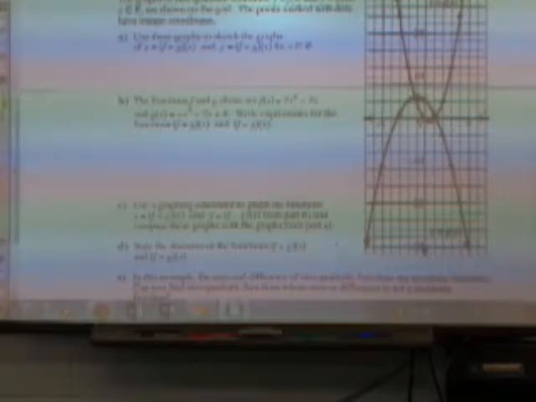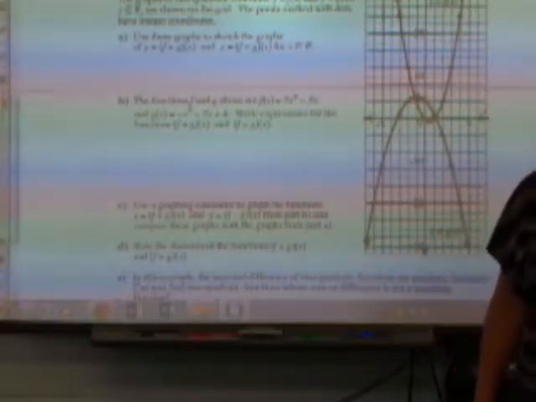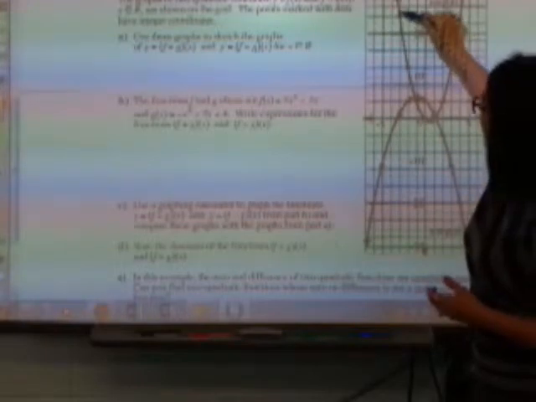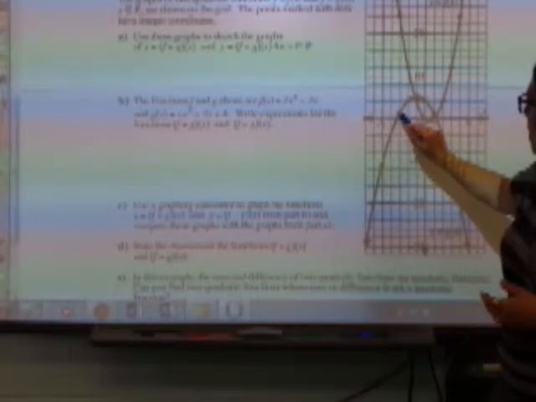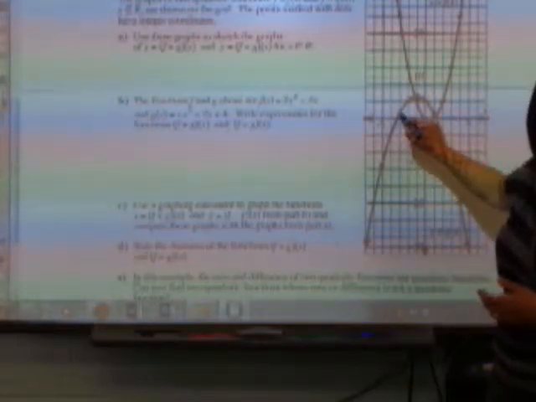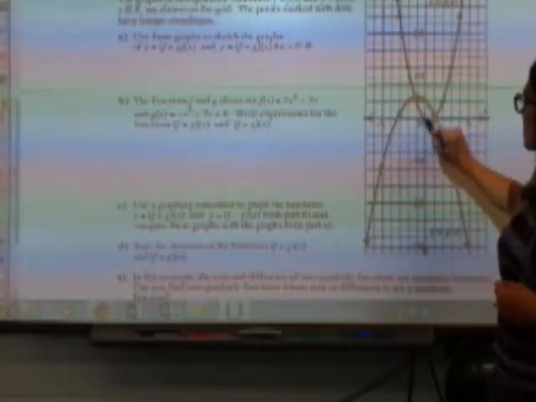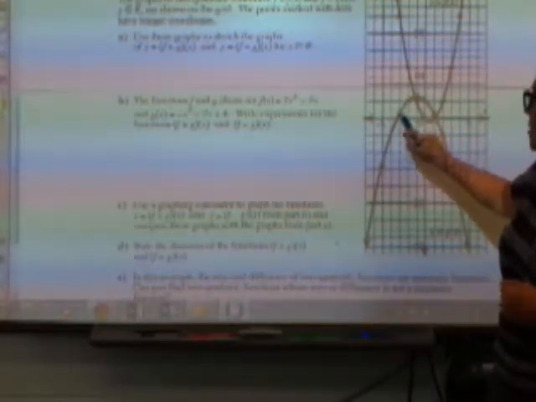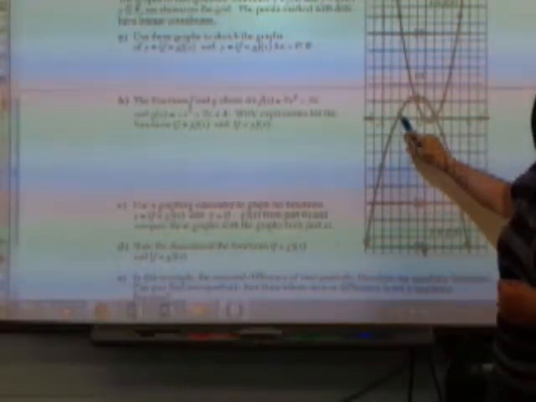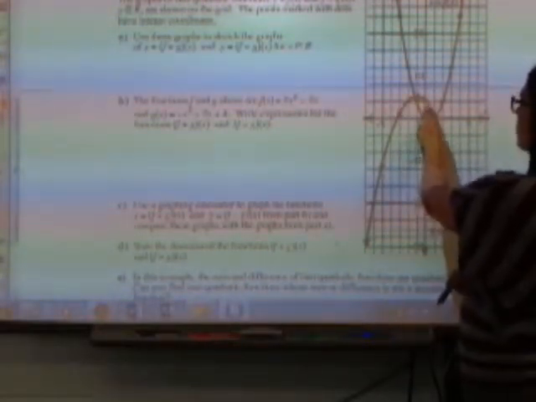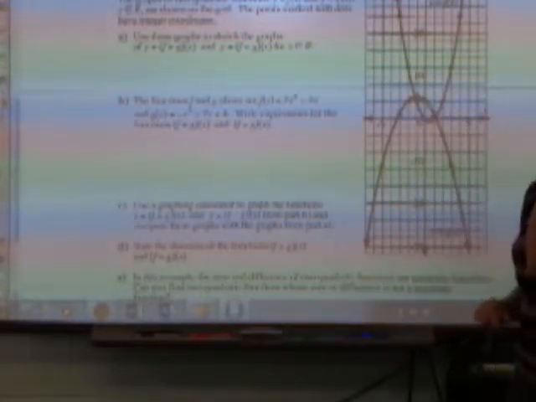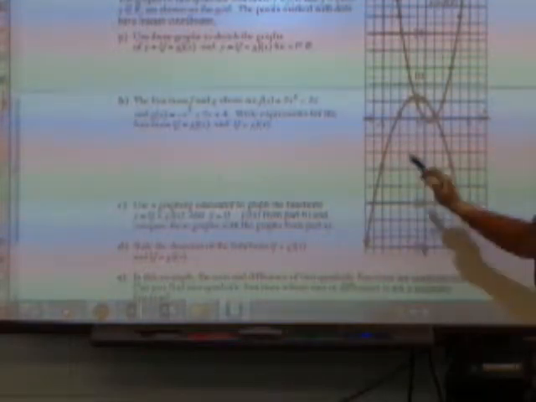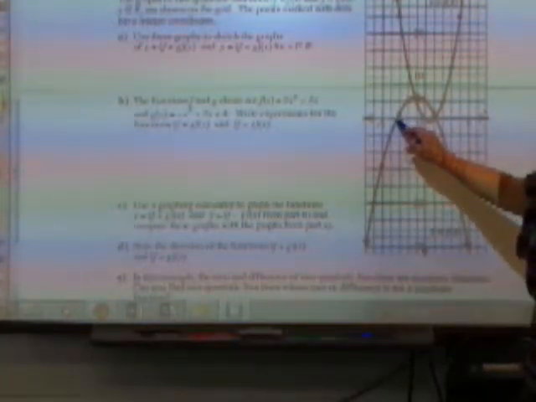So what I need is to look for common x values. The first common x value is when x is equal to -3. What is this value right here? Is it 2? What's the y value here? These are going up by, what's my scale? 2. And this looks like it's right in the middle, so we can assume it's 1.